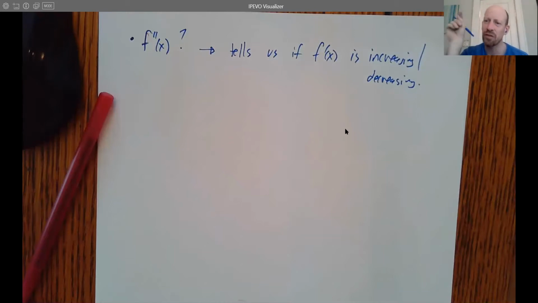But remember, we're interested in what it tells us about f, the original function. So if f prime is increasing, that means the slopes are increasing. They're getting larger, right? Or they could be negative and getting larger, but they're getting larger. They're moving upward.